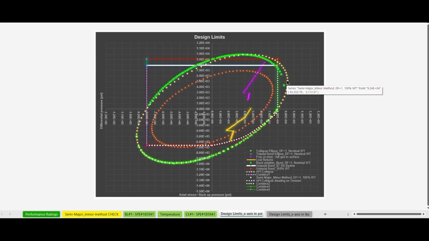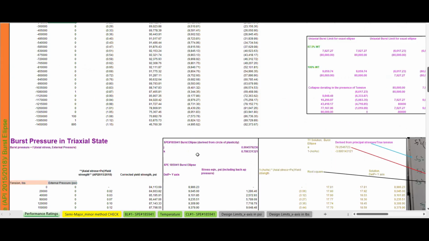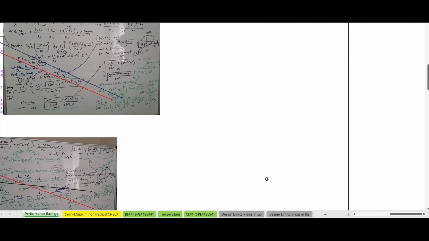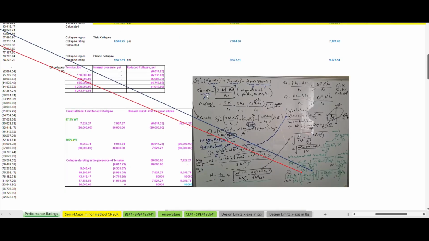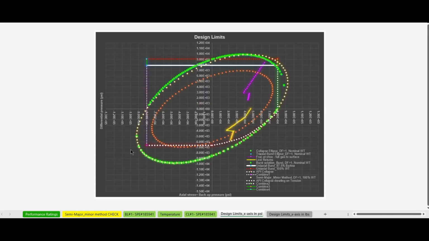I thought about the answer, and I think it is this one. When you build your semi-major and minor method, you take this into account, meaning your principal stresses are this one and this one. Your delta P is basically your principal stresses divided by 2, times outer area divided by cross-sectional area. This is an exact solution for the collapse region, right?